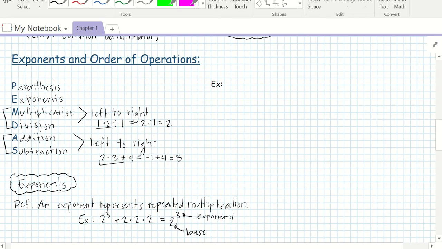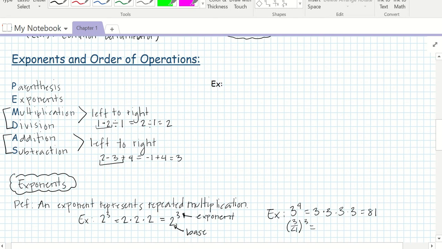Now, if we have 2 to the third power, that doesn't mean that we're going to do 2 times 3 and then equals 6. No. It means that we're going to do 2 times 2 times 2. Let's do another example. If I have 3 to the fourth power, again, it's not 3 times 4. It means 3 times 3 times 3 times 3, which ends up giving us 81. Or we have 3 over 4 to the third power.